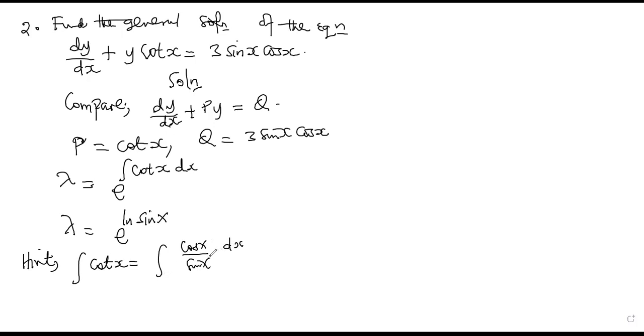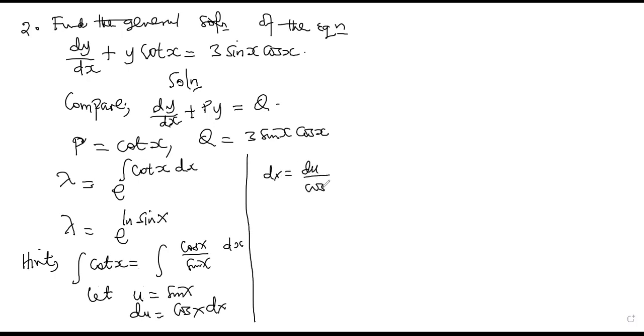Now here we are going to let u be equal to sin x. So if u is sin x, what is du? When you differentiate sin, you get cos, so du is cos x dx, meaning that dx is equal to du over cos x.